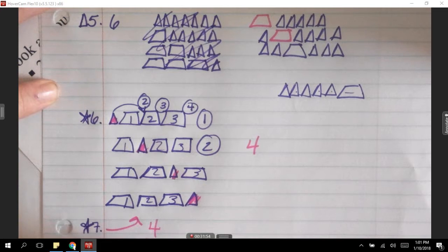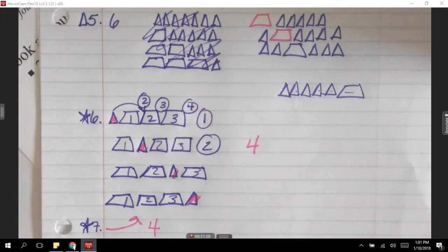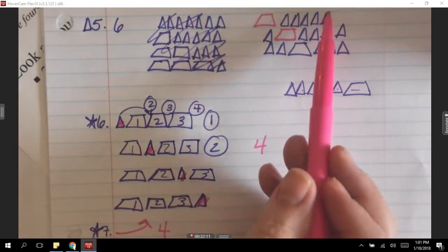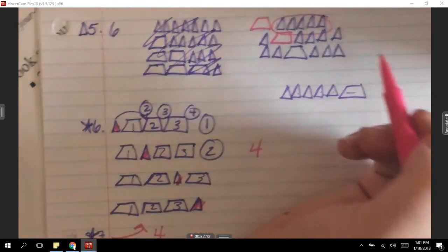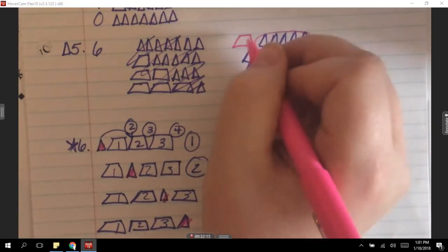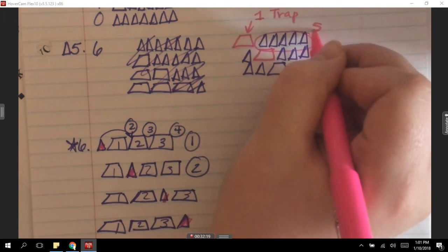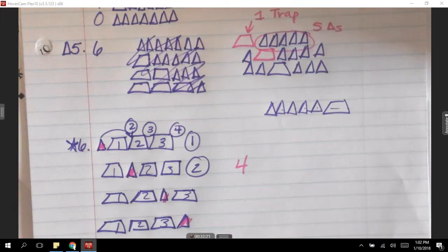So 5, we got 6, so number 8, we should also get 6. Number 5 asks for exactly 1 trap. Number 8 asks for exactly 5 triangles. Anytime we use 5 triangles, we're using exactly 1 trap. It's always 1 trap, 5 triangles, every single time.